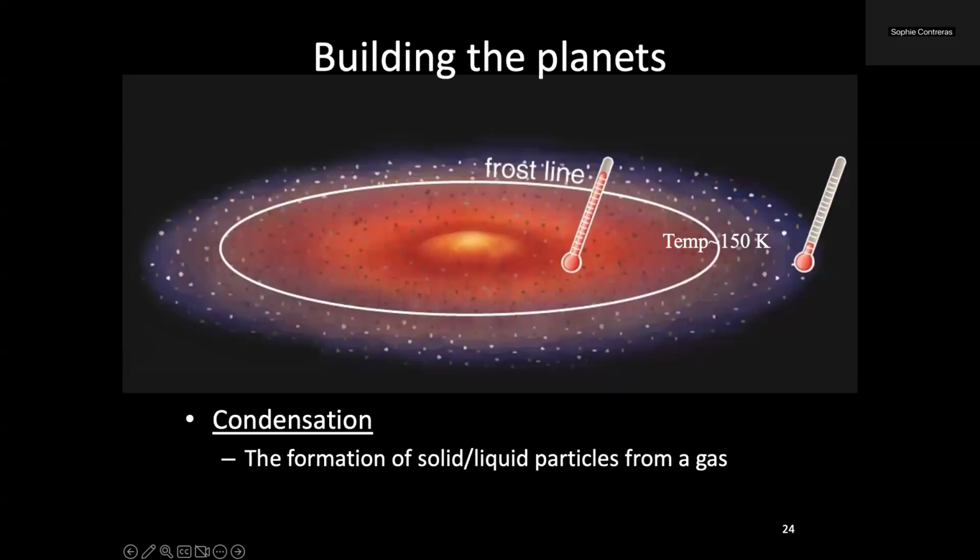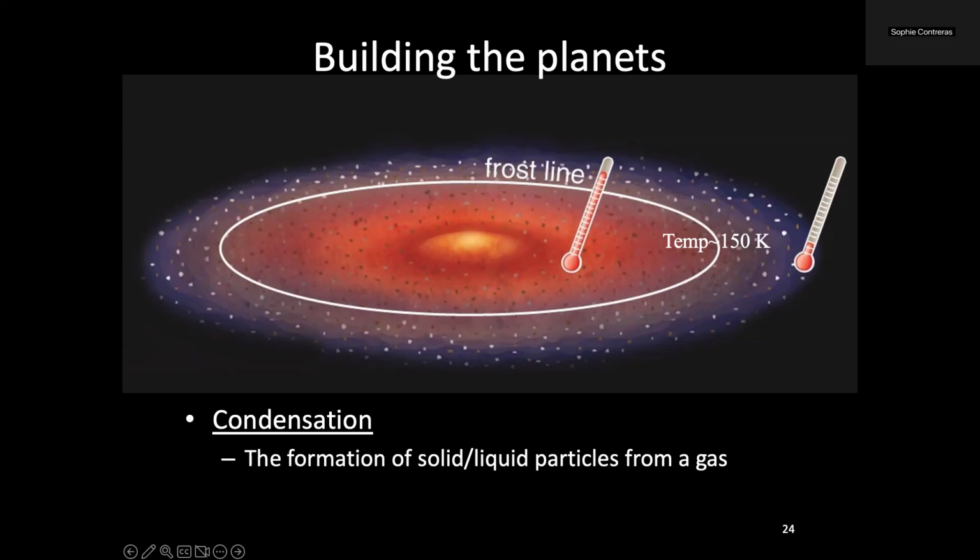Okay. So let's build the planets. If I get too close to the campfire, it gets hot. If I get far away from the campfire, I am cold. In this analogy, the campfire is the sun. I am in the protoplanetary disk, right? I want to be formed. I want to be turned into a nice planet, but not everything is available as a solid or liquid particle.